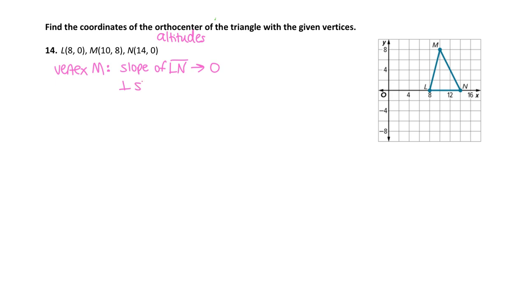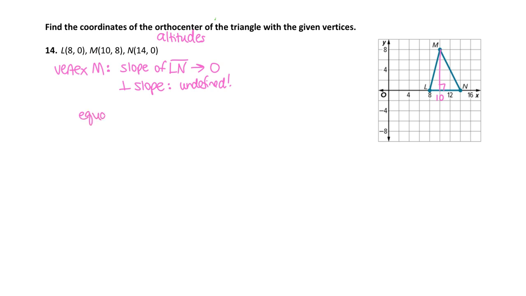Then we need the perpendicular slope, and what's the perpendicular slope to a horizontal line? It's a vertical line, so it's undefined. So our altitude is just a vertical line from here to here. So what's the equation of that vertical line, the line containing that altitude? Is just x equals 10.